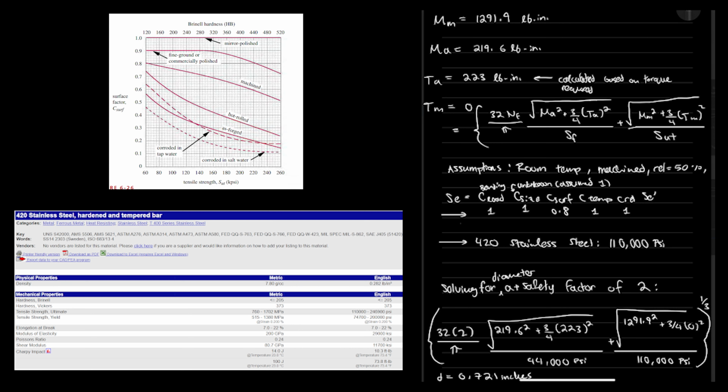We chose 420 stainless steel for its corrosion resistance and high-strength properties, and having an ultimate tensile strength of 110,000 psi. Applying a safety factor of 2, we utilized the general shaft diameter formula, yielding a required diameter of 0.721 inches. However, recognizing the significance of our buoy's arm size, we increased the shaft diameter to 3 inches to ensure a robust connection between the shaft and the arm.